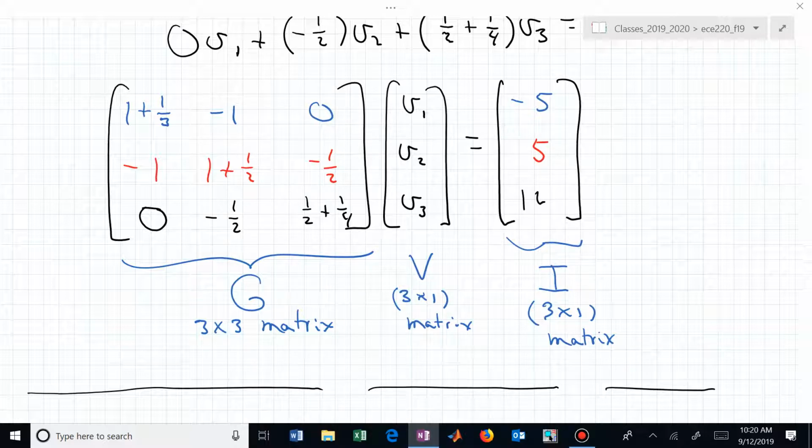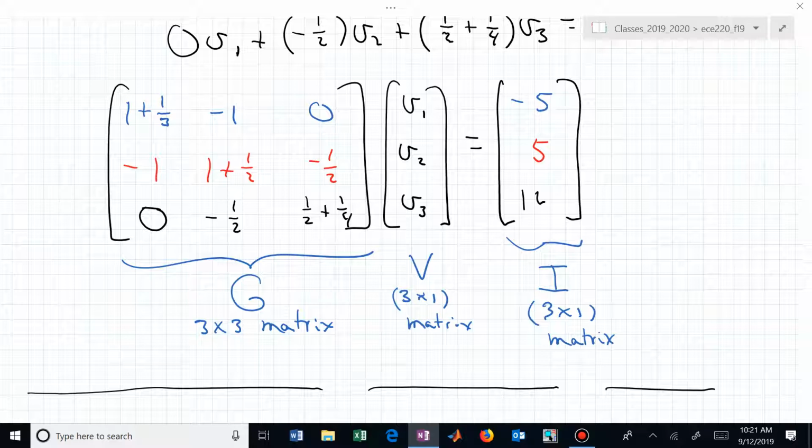Oh, and isn't that G matrix nice? What do I mean by nice? Well, it's symmetric. If you flipped it across the diagonal, you'd get the same thing. Why? Because I didn't have any dependent sources in my circuit, the G matrix will be symmetric.